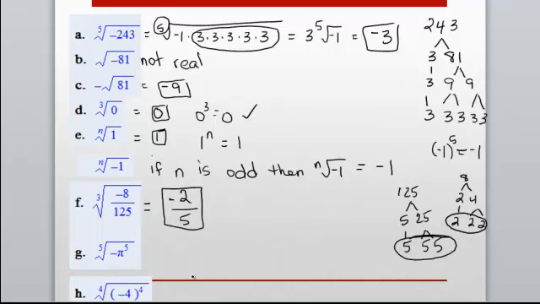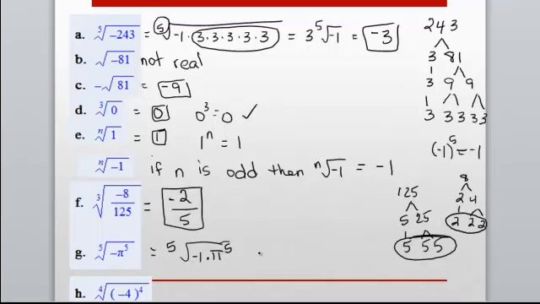G and H are pretty cool little examples. We have the 5th root of something to the 5th power. Now keep in mind, this negative is not raised to that 5th power. So if you wanted to, you could rewrite that as the 5th root of a -1 times a pi to the 5th power.